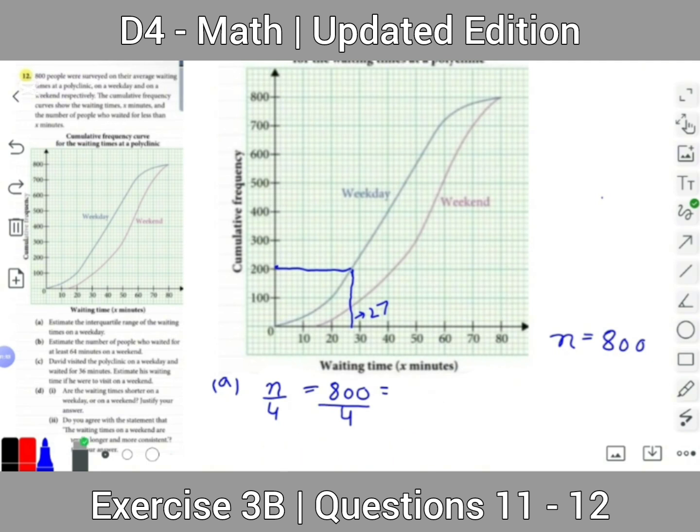Now we can estimate the position of the upper quartile by using 3 by 4 n. So here we have 3 by 4 multiplied by 800, and after simplification it becomes 600. So from 600 along the y-axis we will look for the data value corresponding to the cumulative frequency of 600, and we will draw a horizontal line until it touches the curve representing the weekday.